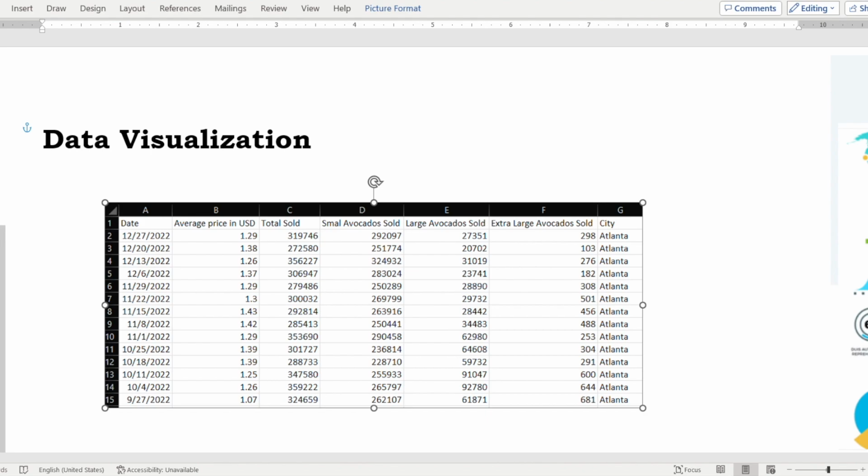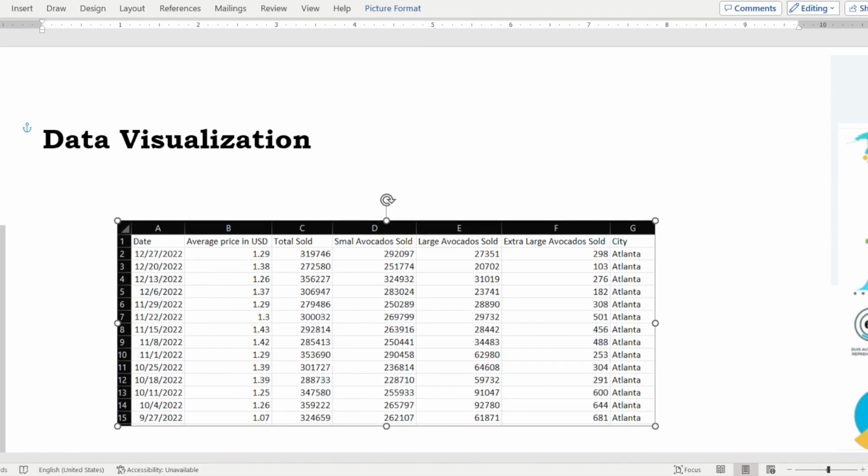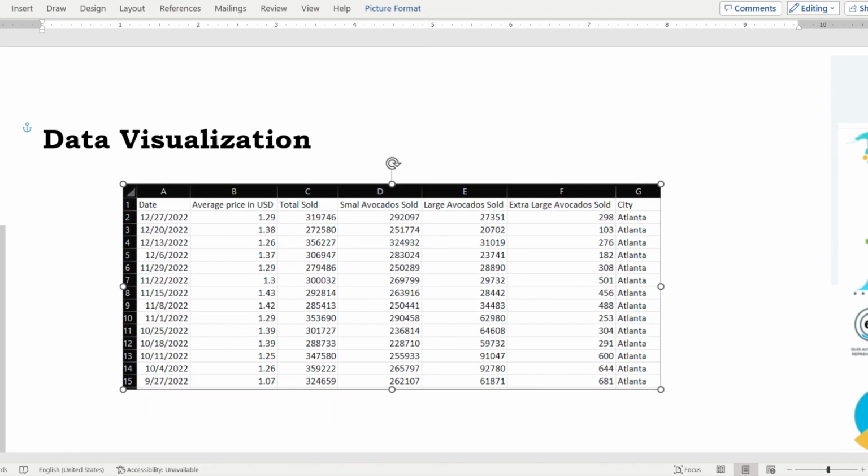Now, before going to the importance of data visualization, let us assume this one data set. It has a date, the price in USD, total sold, small avocados, large avocados, extra large avocados. So this is just a small sales data of avocados, right? We have only 14 entries.